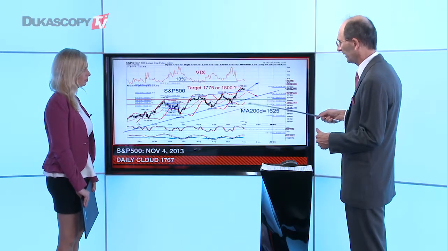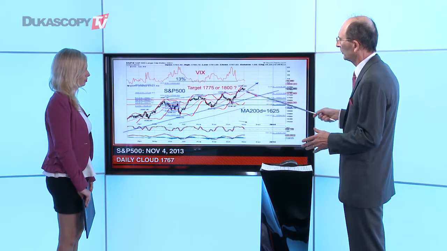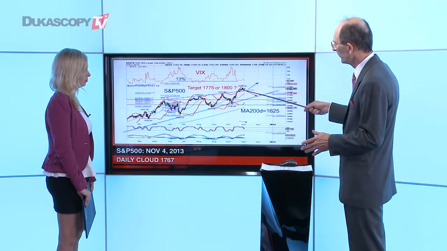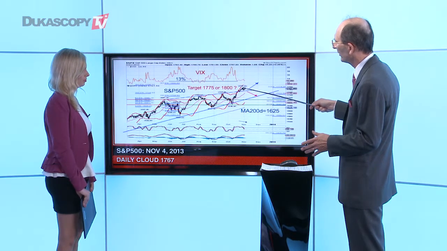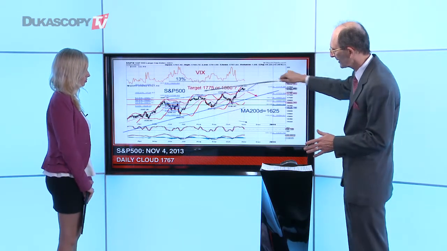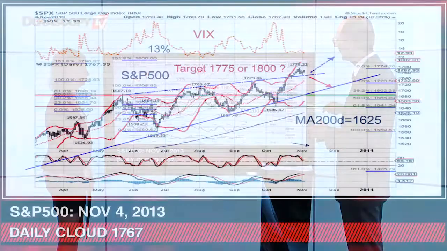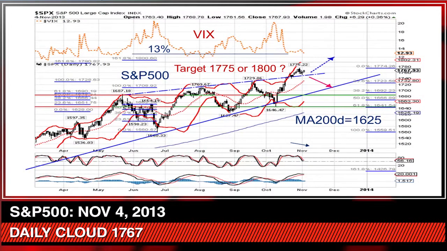But the question here is the following. Now that we have moved in the last 10 days above these 1740 levels, above this wedge resistance ceiling, if you wish, does that mean that we continue to go all the way up to higher targets above 1775, or do we go into a correction?